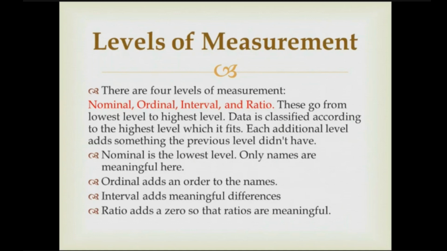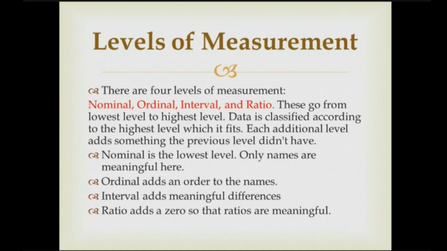Levels of measurement. There are four levels of measurement: nominal, ordinal, interval, and ratio. These go from lowest level to highest level. Data is classified according to the highest level which it fits.